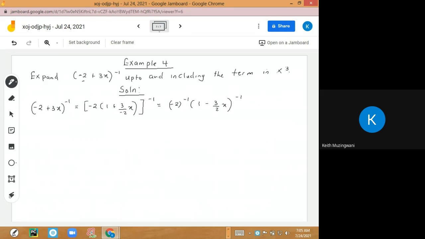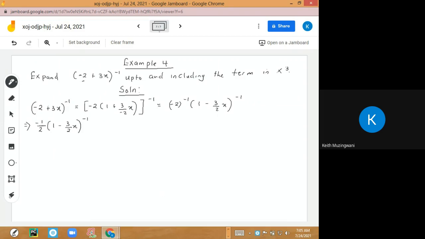But you understand that negative 2 to the power negative 1 is just the same as what? It's just the same as negative 1 over 2 to the power 1. That's why I've said negative 1 over 2. And then you have 1 minus 3 over 2x to the power negative 1.